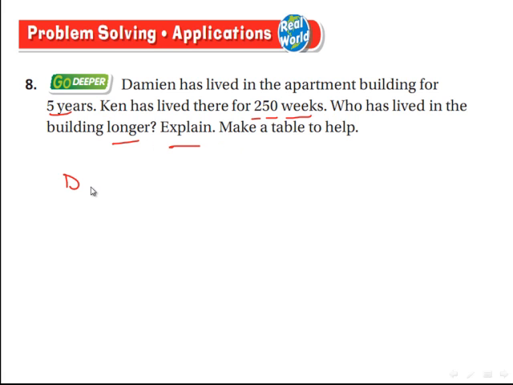The first one is Damien, and the second one is Ken. The first one has lived 5 years, and the second one has lived 250 weeks. Now I have 2 units of time, so you should convert from a large unit to a small unit.